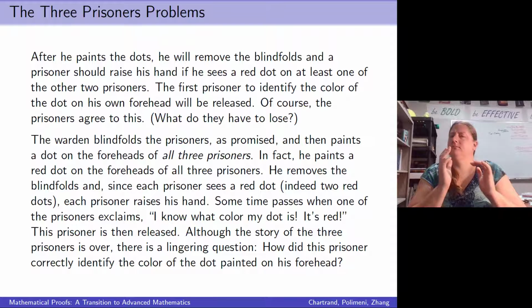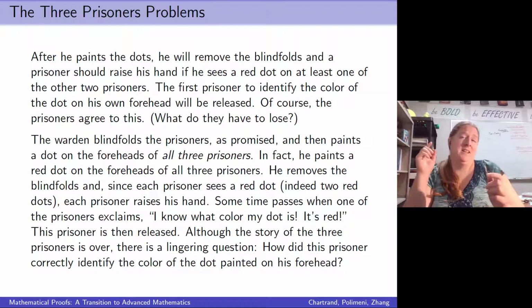So the question is, how did that prisoner know that their dot was red? And what was the logic at play? Was it just a guess, or could he actually deduce it using a logical series of thought? I'll give you a hint. It's in this section for a reason. Enjoy.